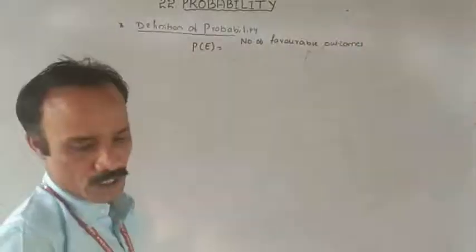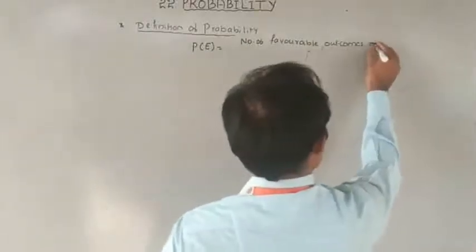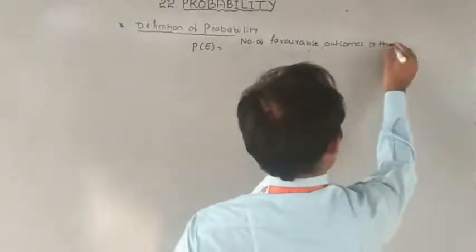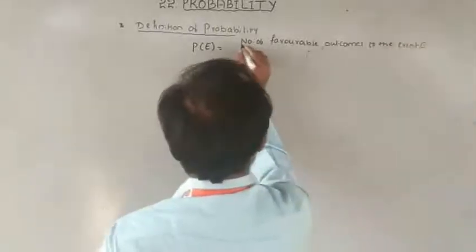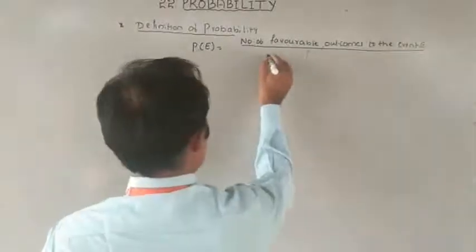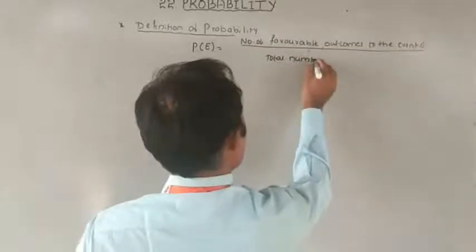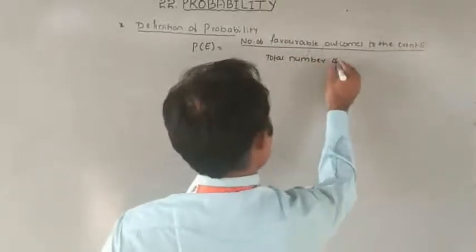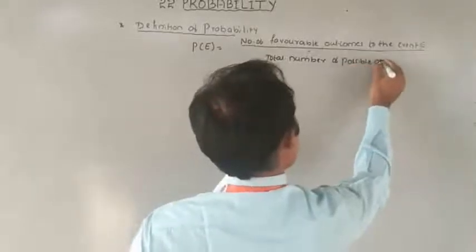Number of favorable outcomes to the event E, divided by total number of possible outcomes.